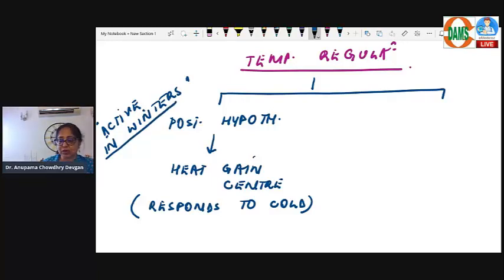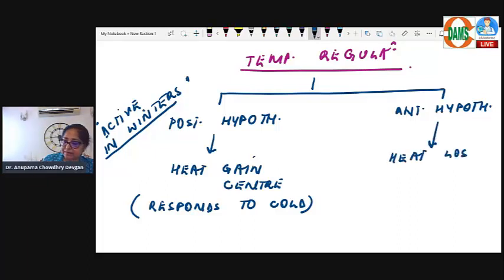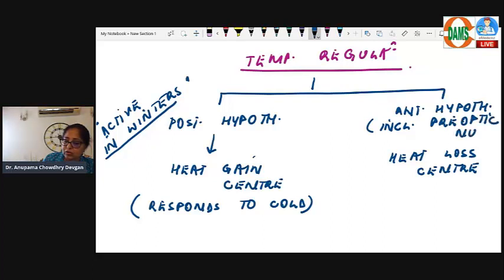It responds to cold. The second part of the hypothalamus, which is involved in temperature regulation, is the anterior hypothalamus. This is the heat loss center, including the preoptic nucleus. If you look at old books and old knowledge, preoptic nucleus was thought to be for sexual activity.